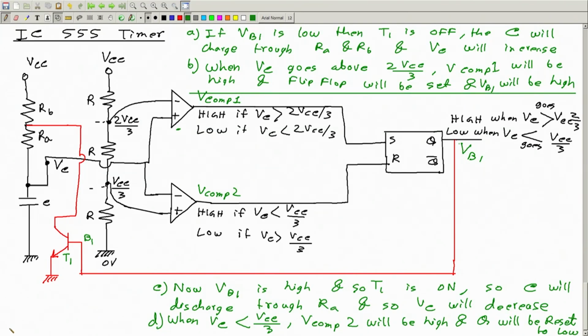And so, next thing we can do is talk about the frequency of this circuit. So the question: what is the frequency, or what is the time period?